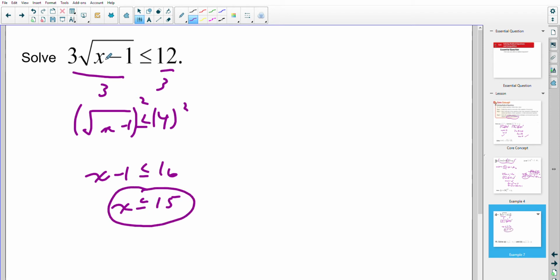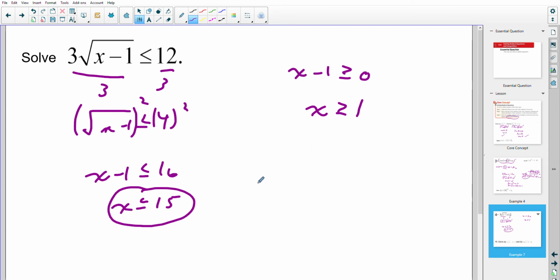So if you plugged in 0 just to check it, you see that it's not going to work because 0 is going to give you a negative number here. So this makes this an interesting problem. You see, x minus 1 has got to be greater than or equal to 0 as well as that. So x has got to be greater than or equal to 1, and x has got to be less than or equal to 15.